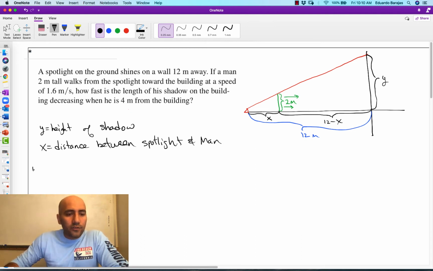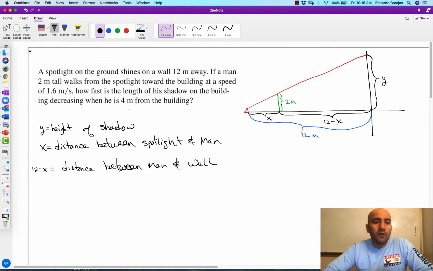And then, of course, that means that 12 minus x equals the distance between the man and the wall. Okay, so now let's read it one more time, make sure our picture continues to make sense, and try and figure out what information they're giving us and what do they want to know.